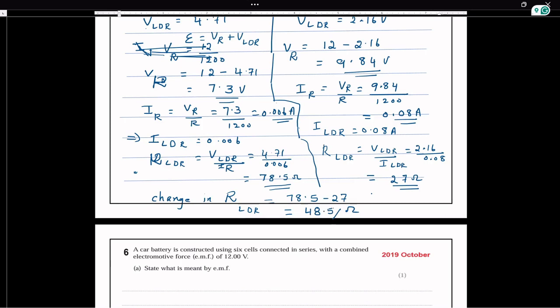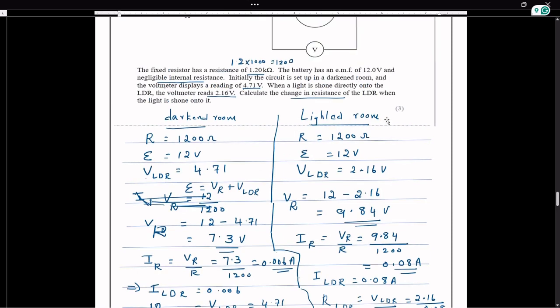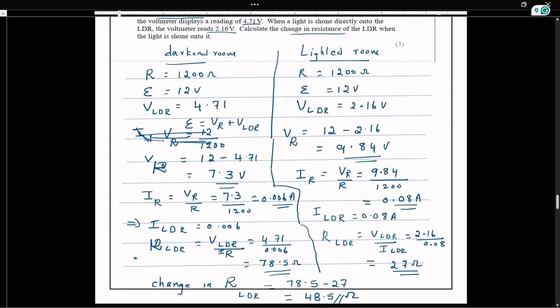This is the change, 48.5. It looks a little lengthy, but it's a 3 mark question, so I did it separately. Darkened room, lighted room. In the darkened room, we calculated the voltage of the resistor, then the current, which is the same current as the LDR.